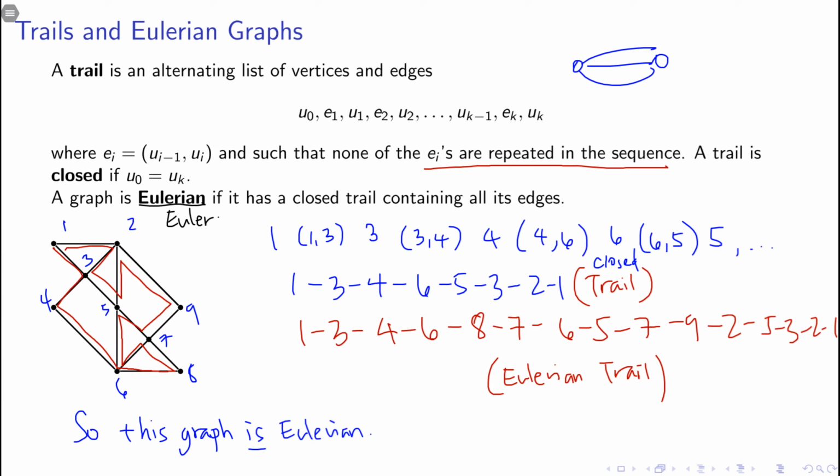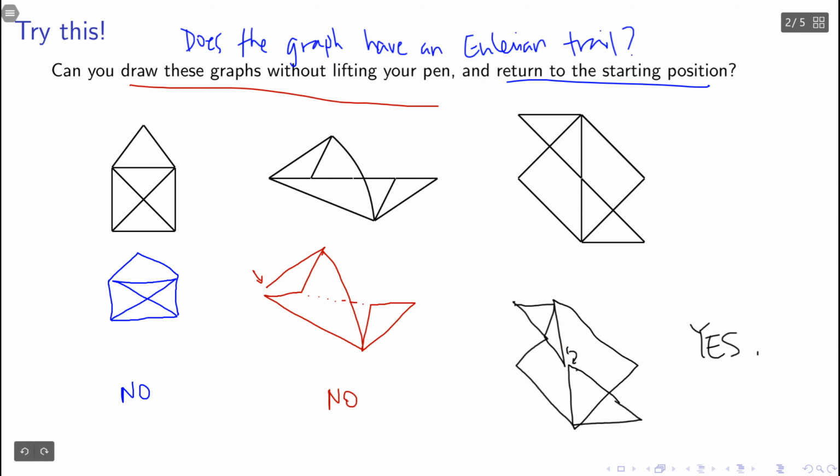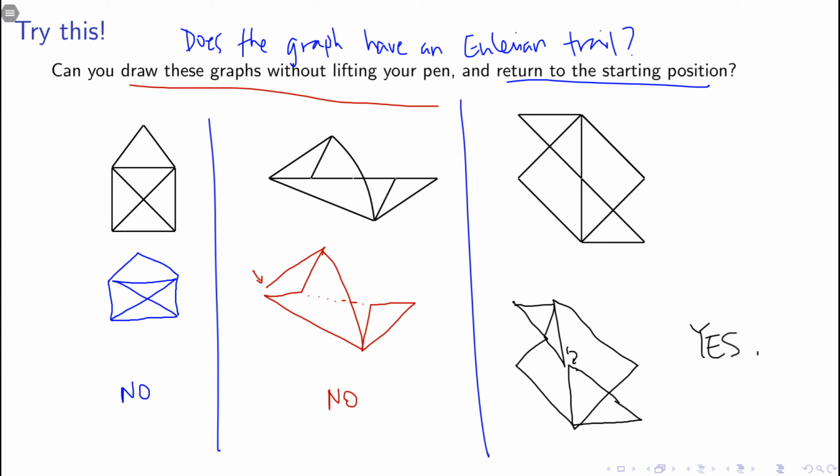So naturally the question is, how can we tell that a graph is Eulerian? What characteristics does the graph have to satisfy so that we're able to do this? Now again, if you go to the previous page, what separates this graph on the right from the two graphs here on the left? And in fact, what distinguishes the first graph from the second?